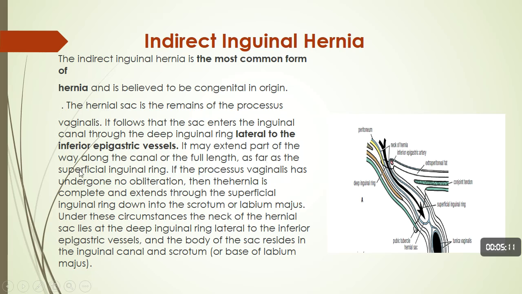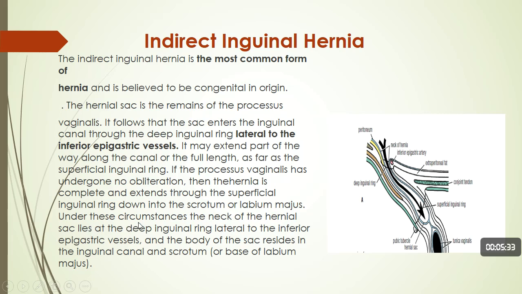As far as the superficial inguinal ring, if the processus vaginalis has undergone no obliteration, then the hernia is complete and extends through the superficial inguinal ring down to the scrotum or labia majus in the female.